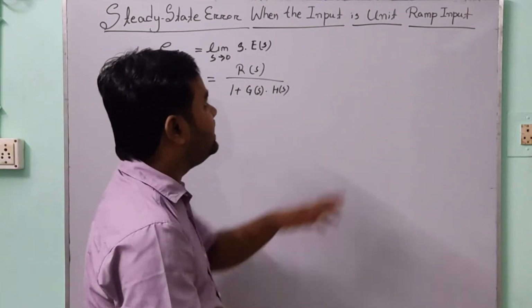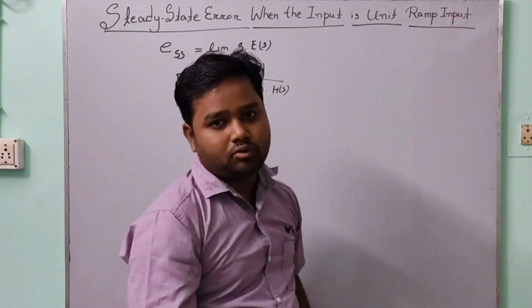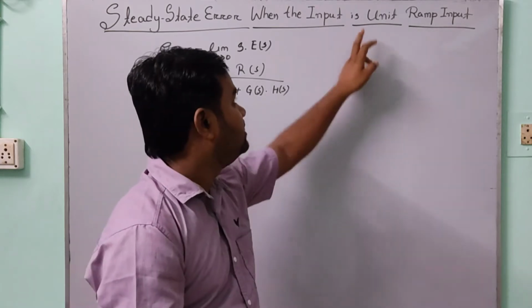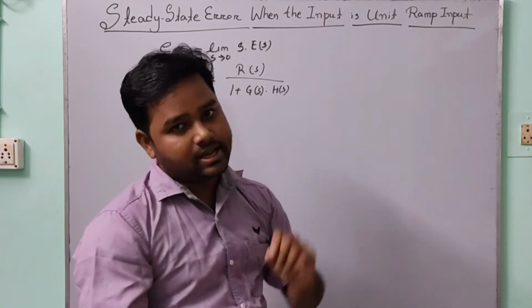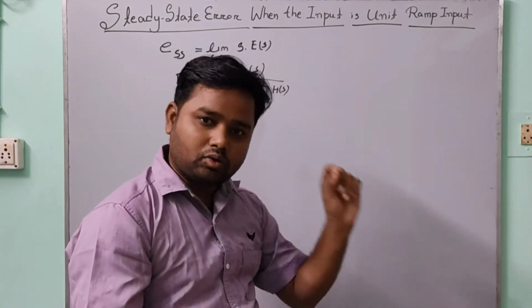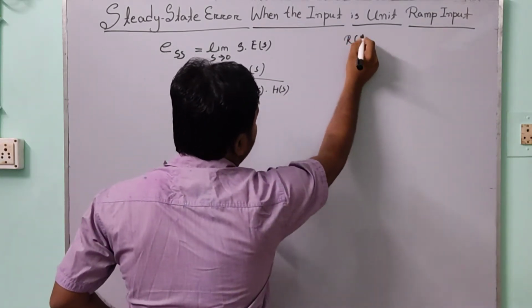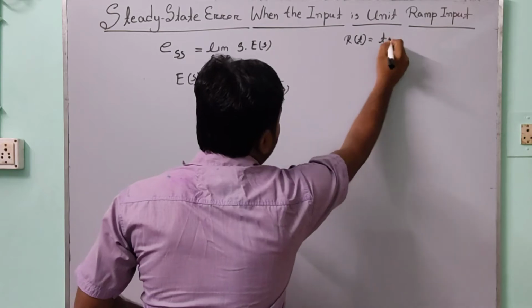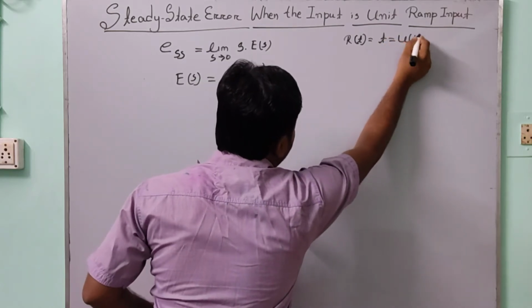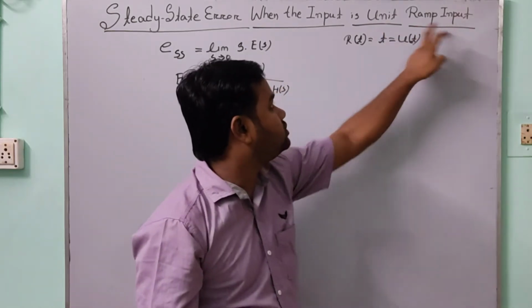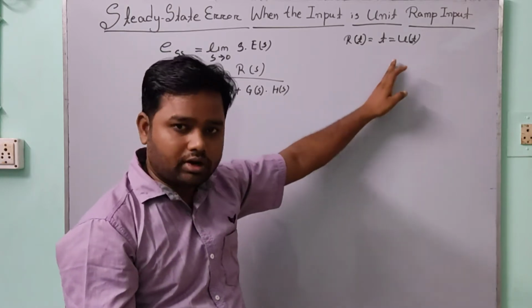Now here the input is a unit ramp input. Last class we studied that the input was a unit step function. So here R of t is equal to t, which is the unit ramp function, so R of t is equal to u of t is equal to t.